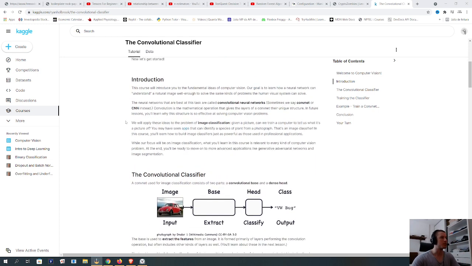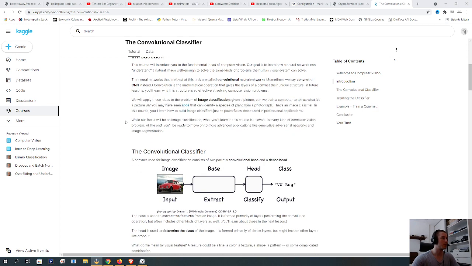This course will introduce you to the fundamental ideas of computer vision. Our goal is to learn how a neural network can understand natural images well enough to solve the same kinds of problems the human visual system can solve. Neural networks that are best at this task are called convolutional neural networks. Sometimes we say convnet or CNN instead.